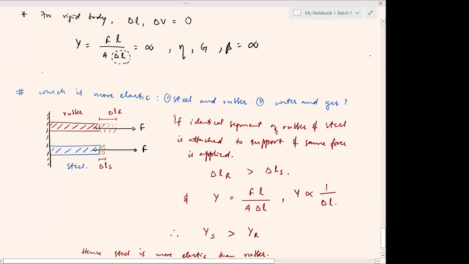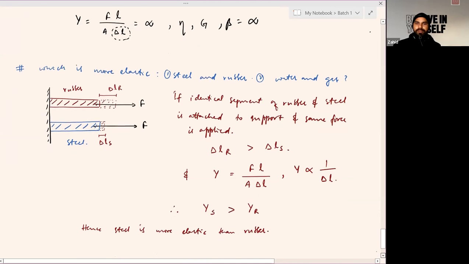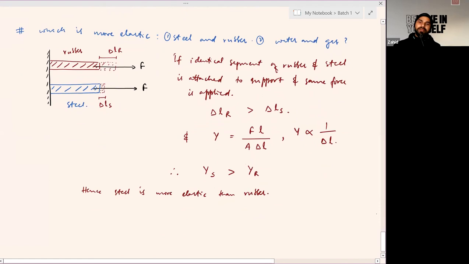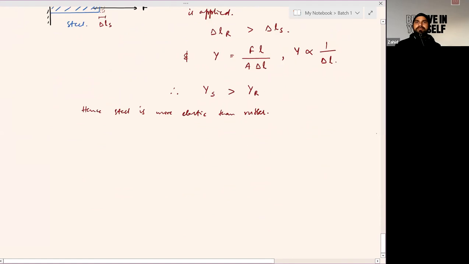Similarly, in the next part, in terms of water and gas, which are fluids, we can't define their shape or length. So take equal volumes of them in a balloon. So in the second part, take equal volumes of water and gas like this.